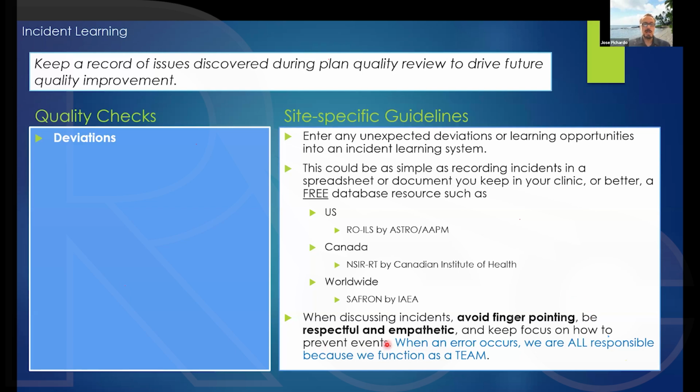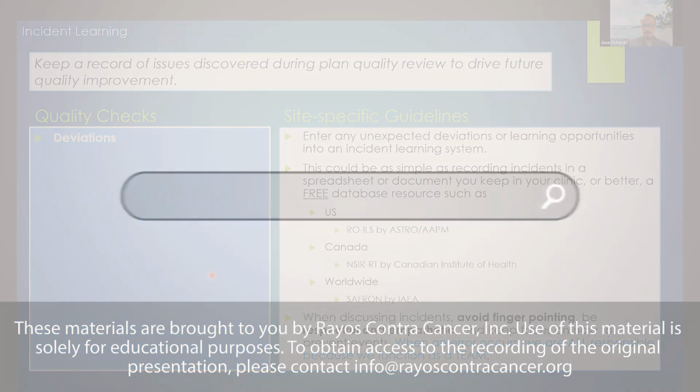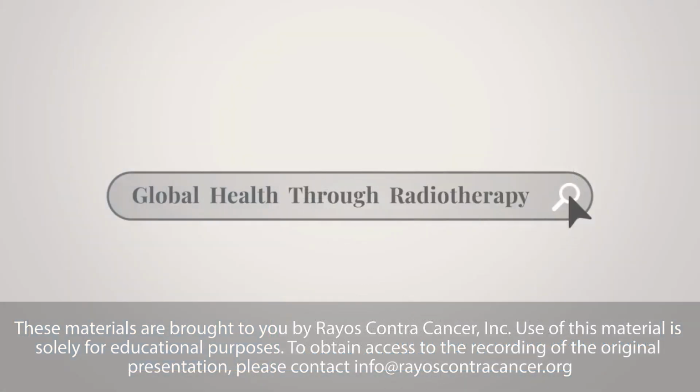Always be respectful and empathetic. Like I said, if you're present when the therapists are treating patients, you'll be more understanding of the challenges that they face. So when you're reasoning things or trying to figure out ways to resolve these issues, you're taking that into consideration. Just always remember that when an error occurs, we're all responsible, because we function as a team.